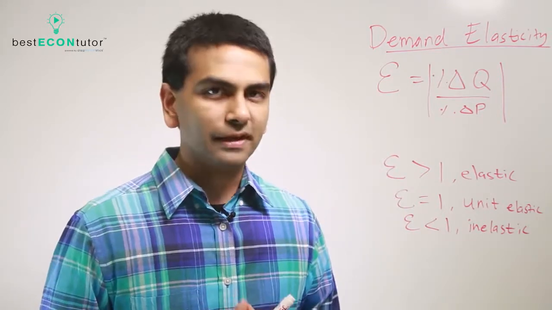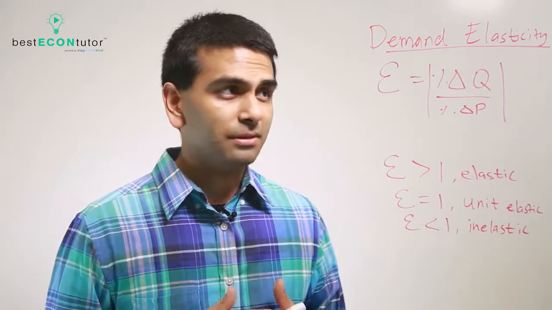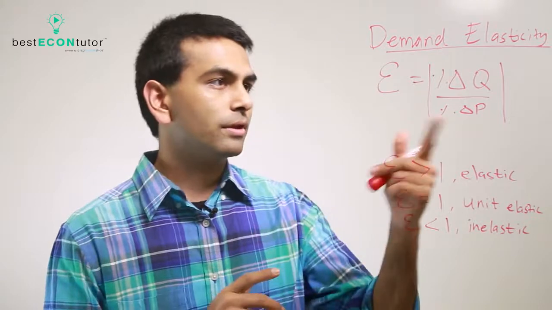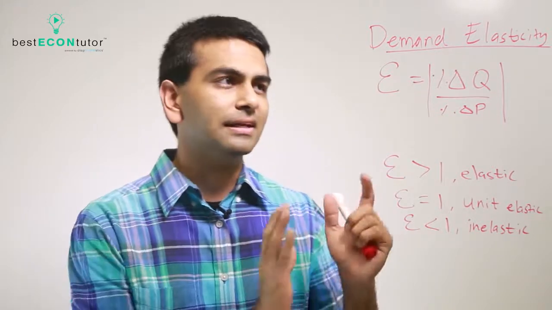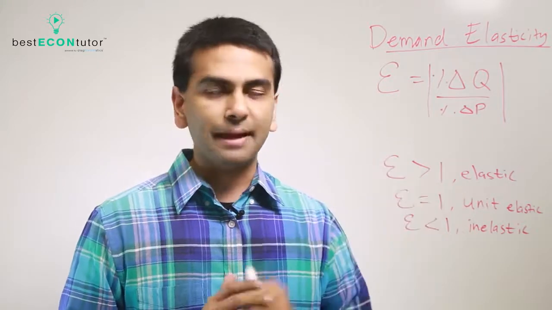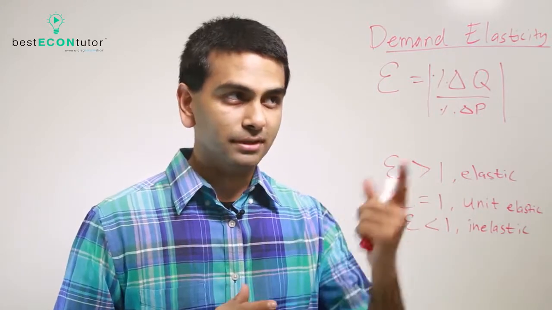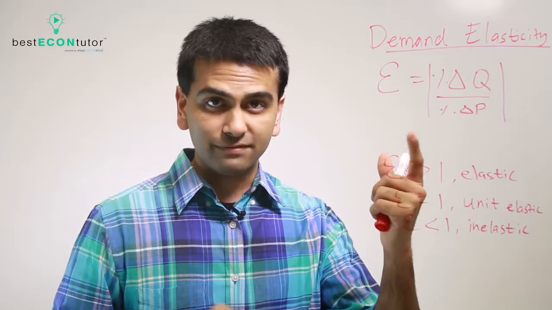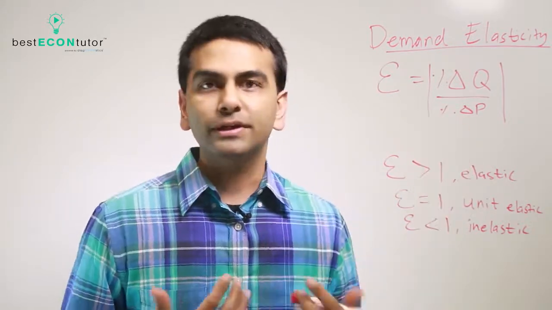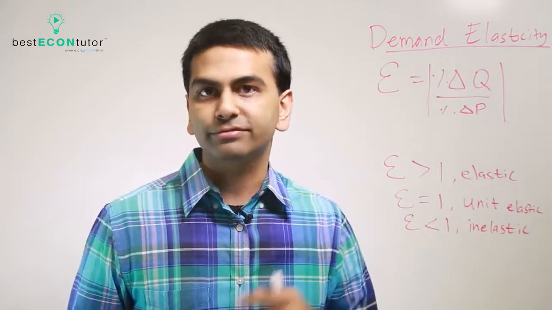Notice that we have absolute values here. Some instructors have them, some don't, so make sure which one yours is using, whether the formula is with or without absolute values. Now here's the thing. The reason it really doesn't matter is because without the absolute values, it's always going to be negative because of the law of demand. If the price goes up, it's a positive denominator, well then you're going to want less, and that's a negative numerator.